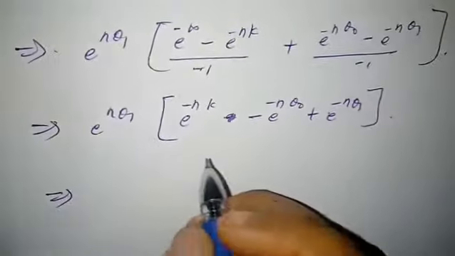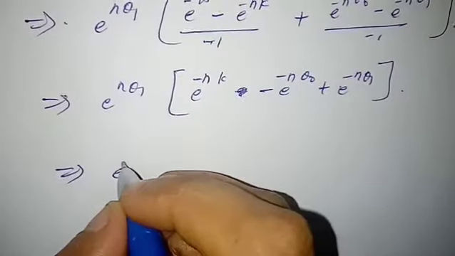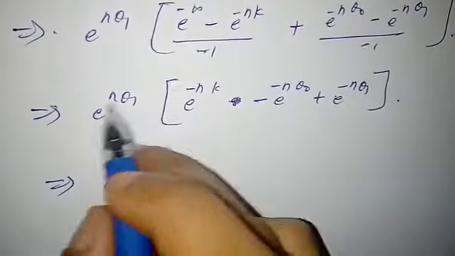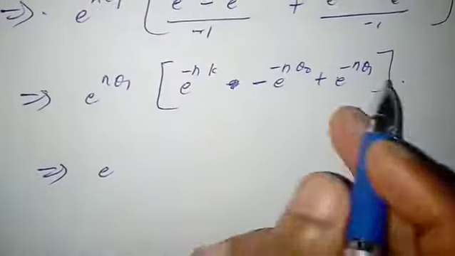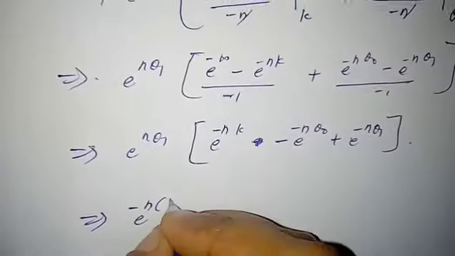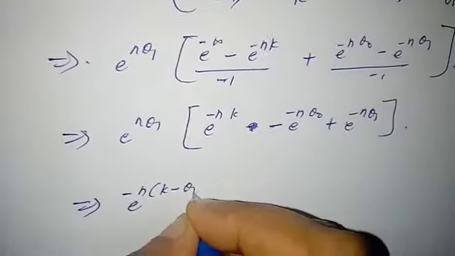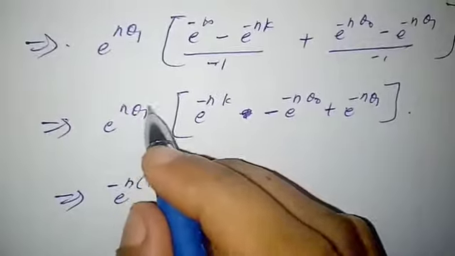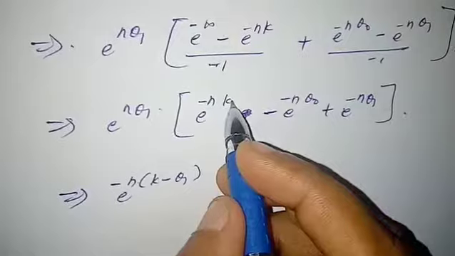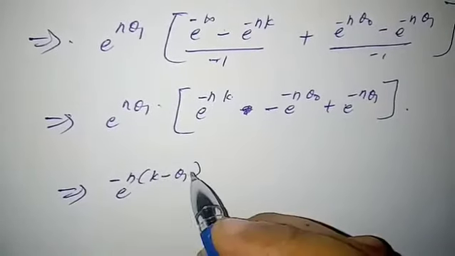Which implies, we can take this term inside and multiply by this term, then we get e power minus n into k minus theta 1. e power n theta 1 into e power minus n k is equal to e power minus n into k minus n theta 1.